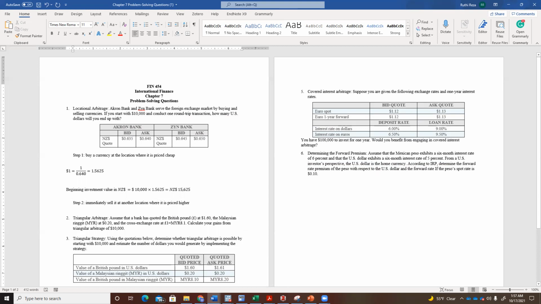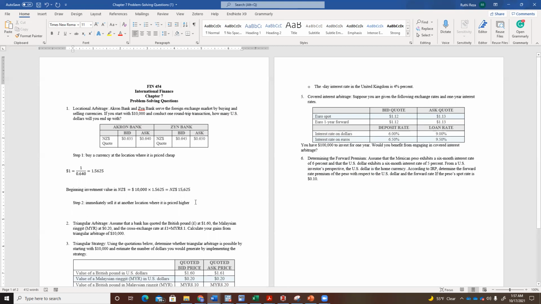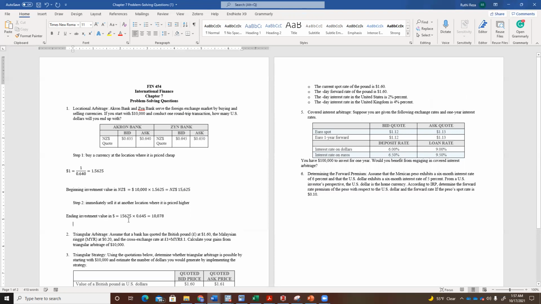Now in step number 2, we are going to sell at another location, which is Zin Bank, at $0.645 per New Zealand dollar. So we have in total 15,625 New Zealand dollar, and the value of these New Zealand dollars in US dollar is $10,078.